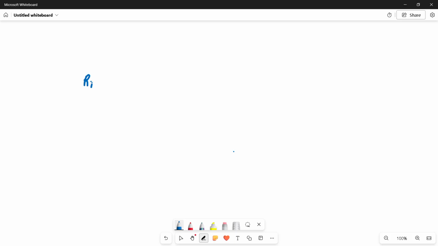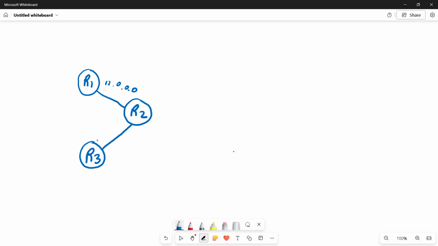So for this, we have router 1, router 3, and then router 2. Router 1 and router 2 are connected to each other, and the network here is 12.0.0.0, right? Then we have R3 connected to R2 with network 23.0.0.0.